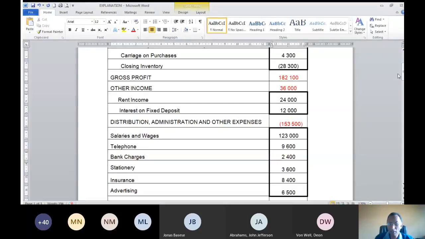So to calculate the profit or loss for the year, I'm going to take my gross profit. So on your calculator, you will have 182,100 plus your other income of 36,000 minus your distribution, administrative, and other expenses of 153,500.